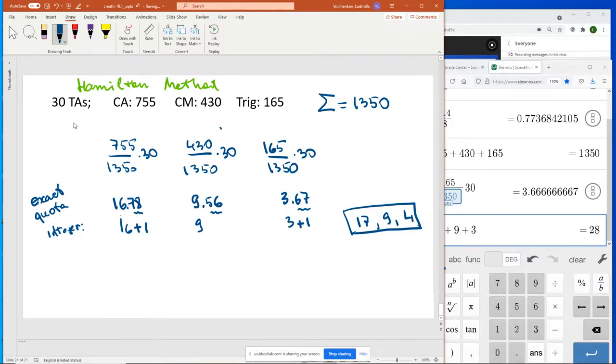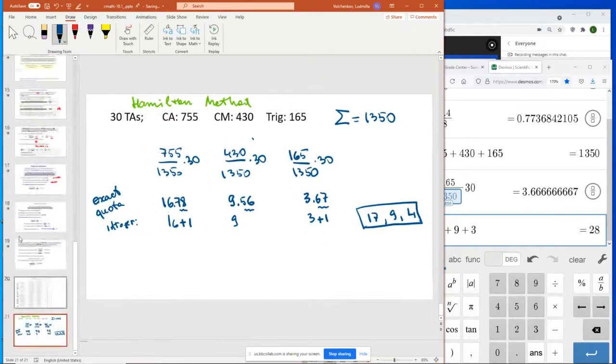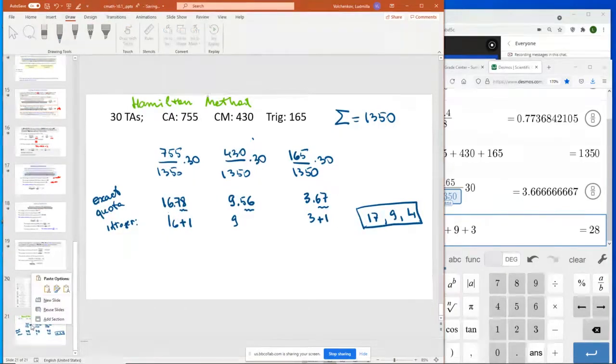Let us use the Huntington-Hill method, since we have time. Okay, it does not work for some reason.